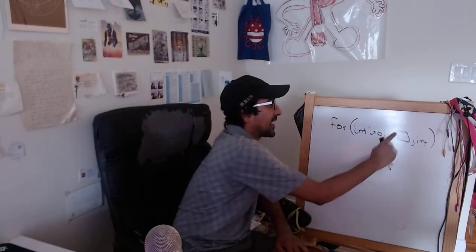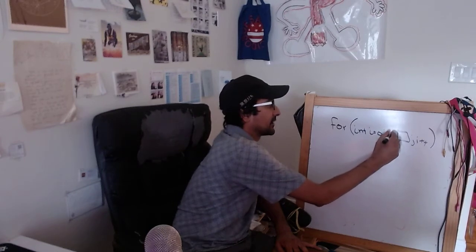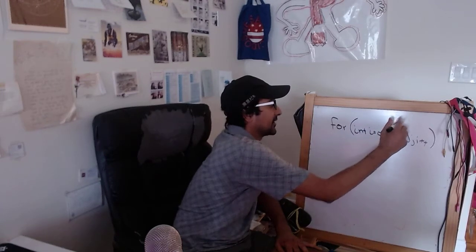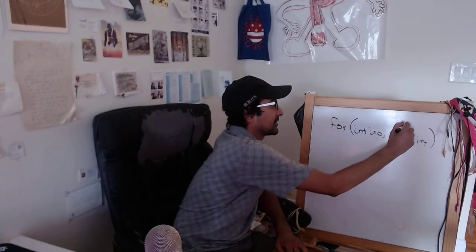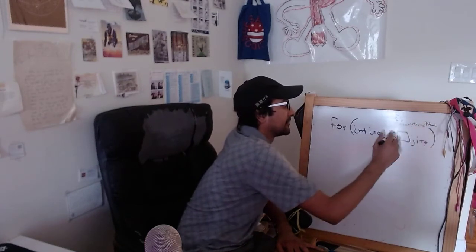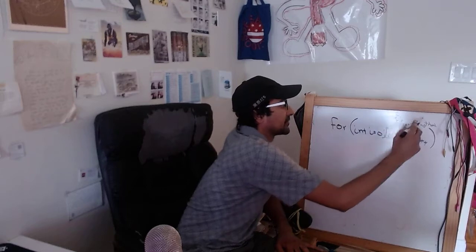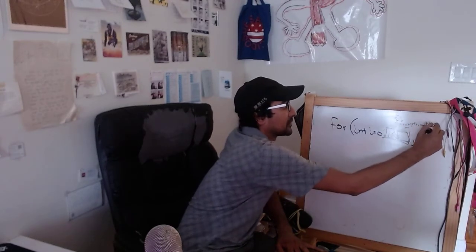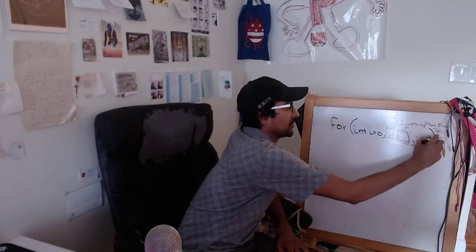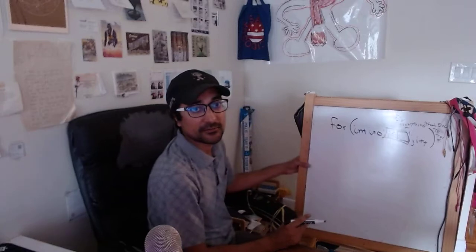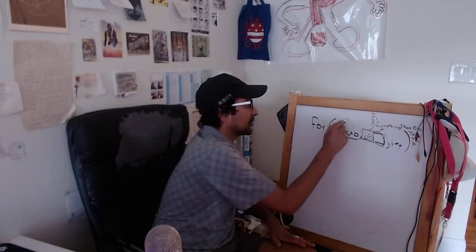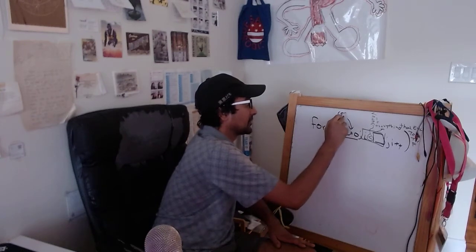Something like that. And this could be anything that evaluates to true or false. I know you can't read this, but you get the idea. So this is what we call the control variable.